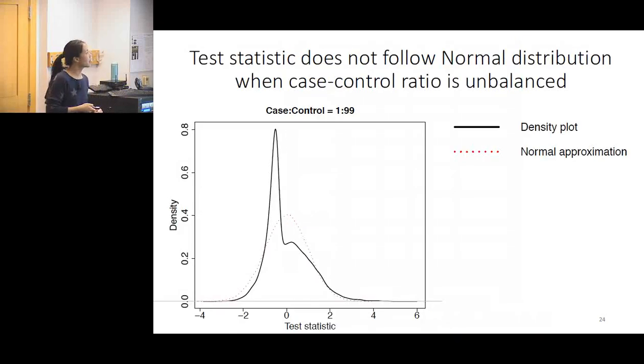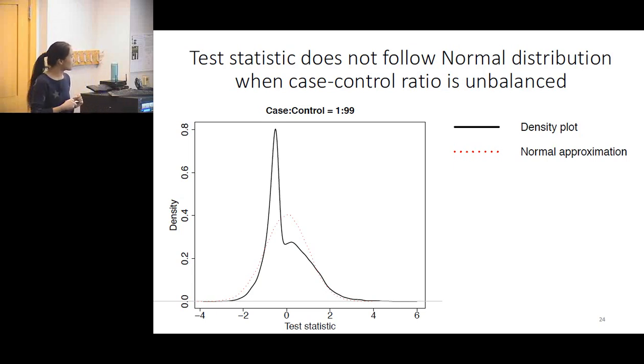This can cause some problems when we perform logistic regression or even linear regression, because the test statistic will not follow a normal distribution when the case control ratio is unbalanced. Here the black solid line is the actual density plot for our test statistic when the case control ratio is 1 to 99, which means the prevalence of the disease is about 1%.